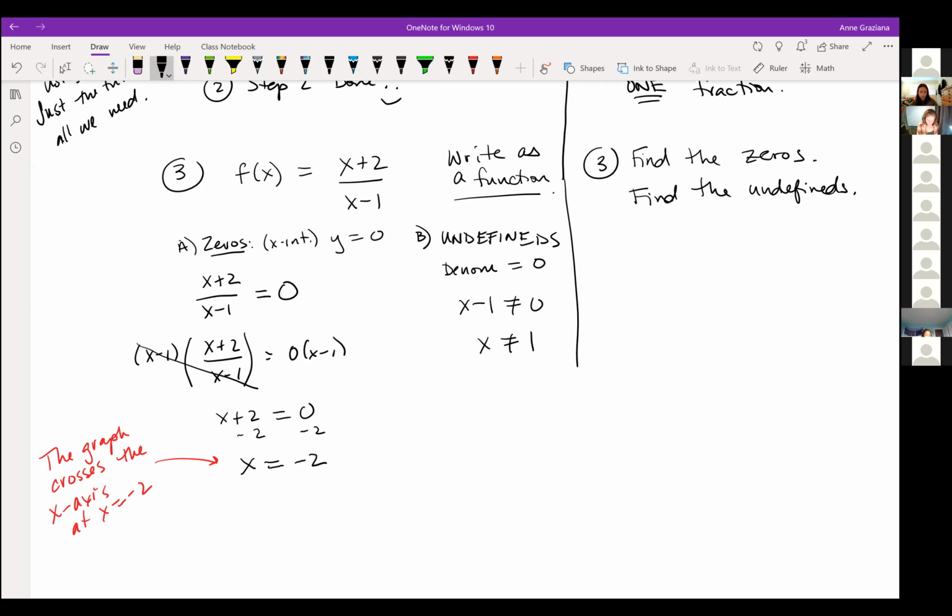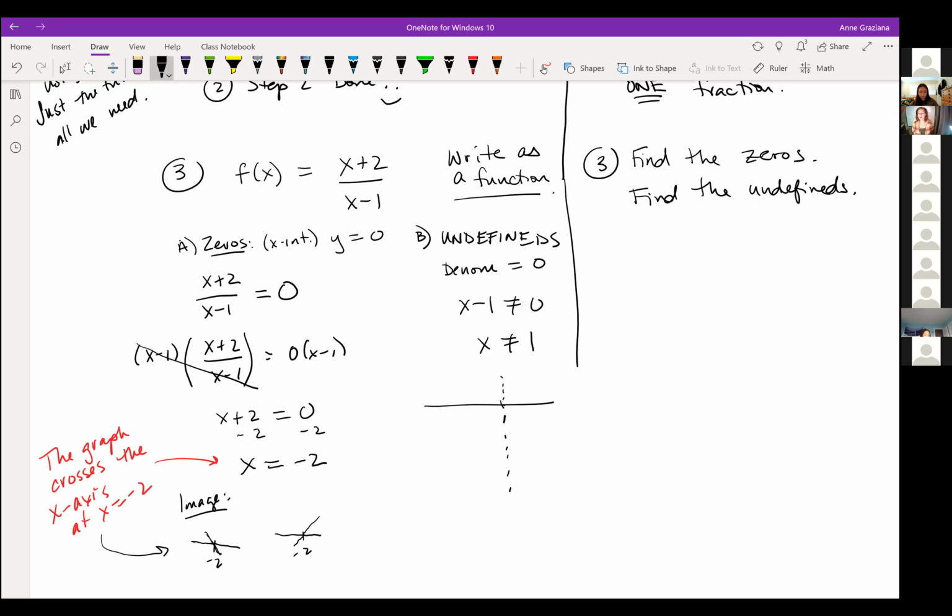Okay, so the image in your head is that your graph is crossing like this at -2, or like this. So my graph is crossing the x-axis. But for the undefined, your image in your head here should be an asymptote at 1.